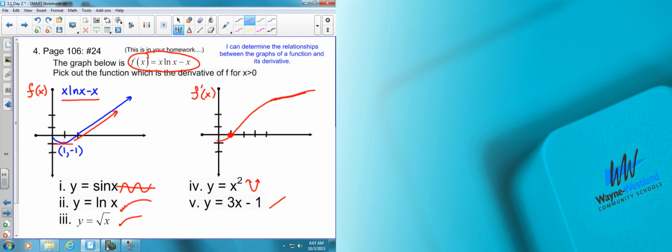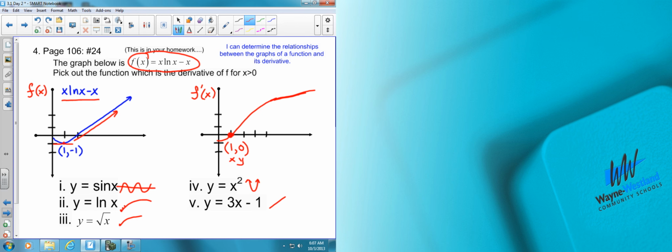All right, so looking at this graph, we can eliminate some of the options just by looking. But one thing to note is that we have one certain point here, 1, 0. So what we can do is test this point in all 5 of these functions.